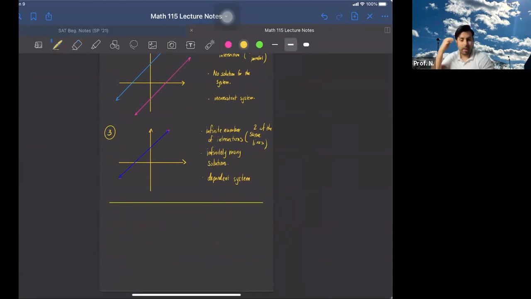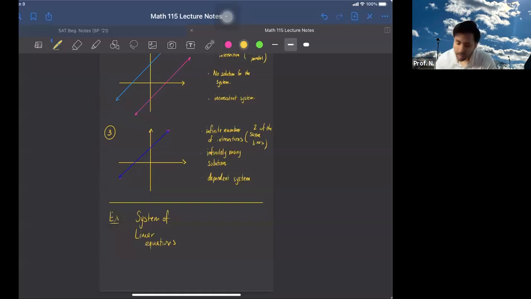Okay. So now I want to solve by graphing. So how do we set up the system? What's the system going to look like? A system of linear equations is literally just writing two equations that are lines, one after the other.